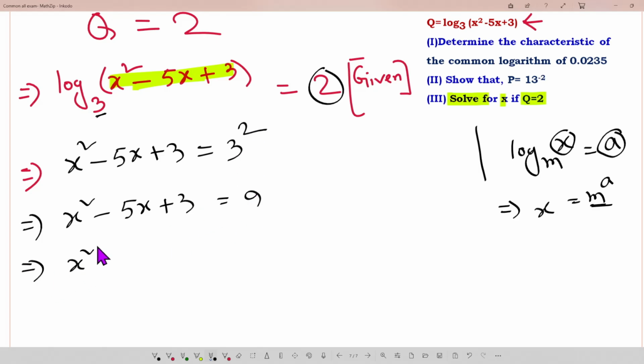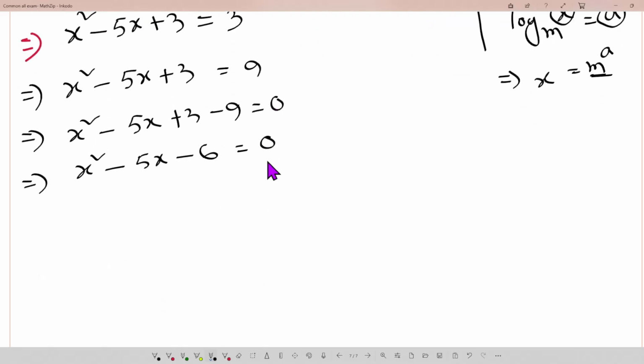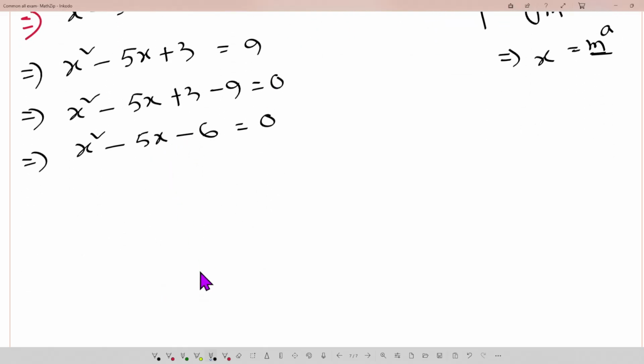Then x square minus 5x plus 3 minus 9 equals 0. So we can write x square minus 5x minus 6 equals 0. From here lots of people make a mistake, because 3 plus 2 is 5 and 3 times 2 is also 6. Same thing, 6 times 1 is 6 and 6 minus 1 is 5.